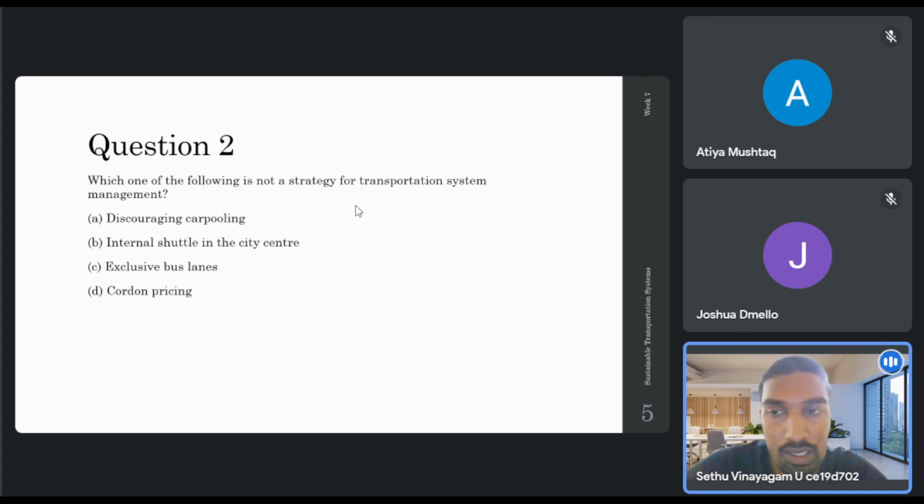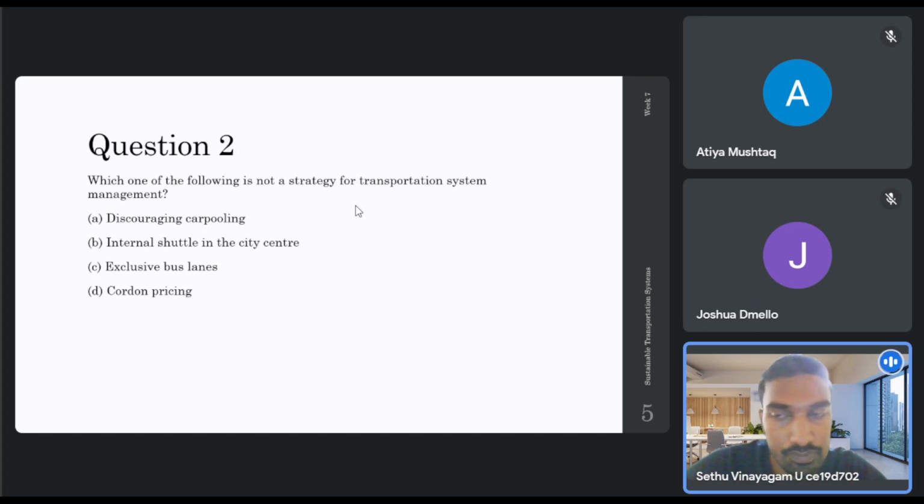Instead, what can happen is if they can collaborate and use the same vehicle, say maybe take one car because they are going to the same place, all these four people can travel in the same car and complete their activity. So this is carpooling. It immediately reduces the number of vehicles on the road.